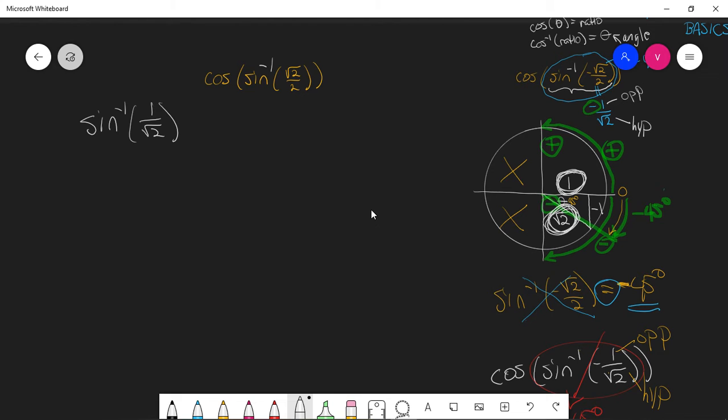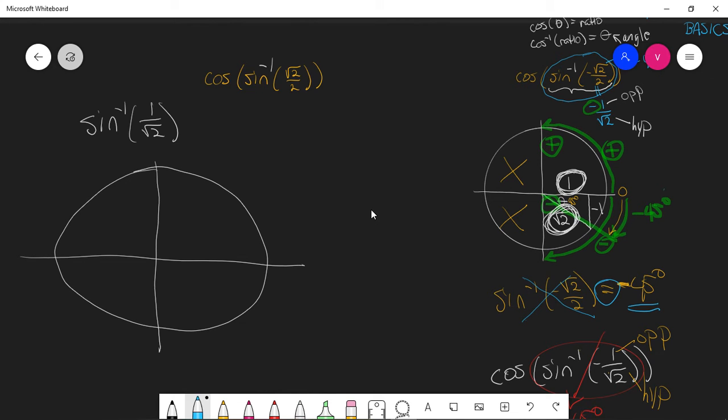So draw yourself a circle. Okay, so in is the ratio, out is the angle. So we want to know the angle where the sine ratio, which is opposite over hypotenuse, is this value.